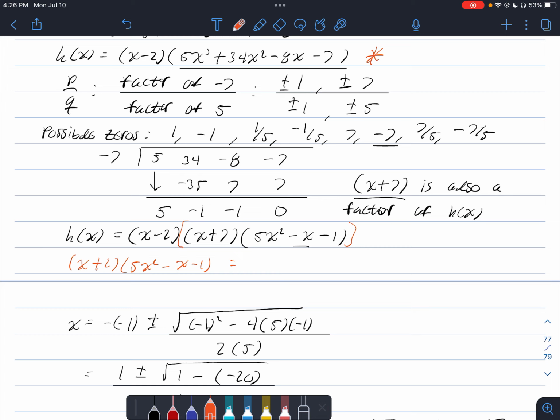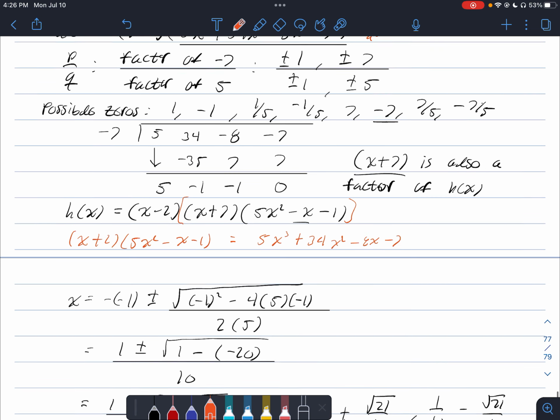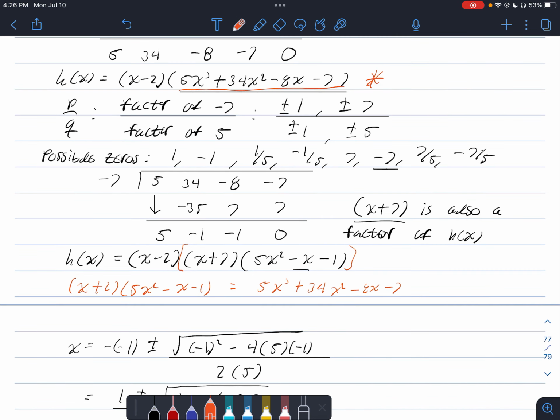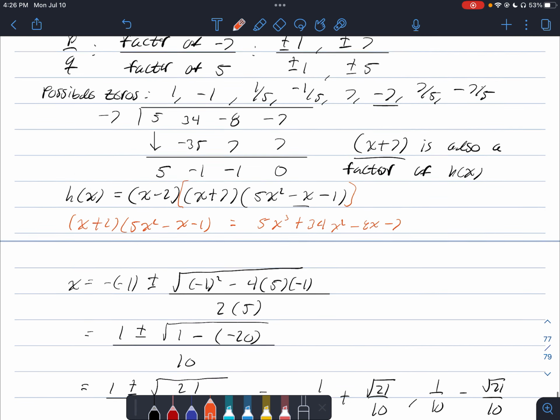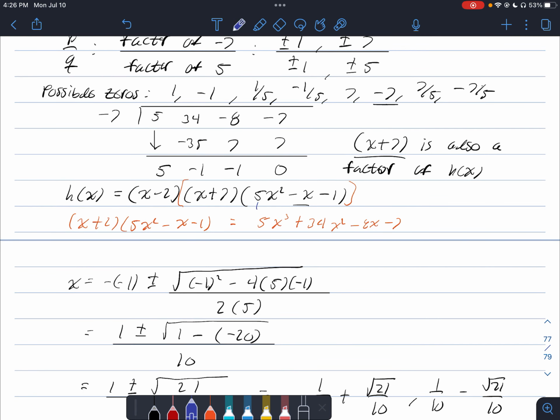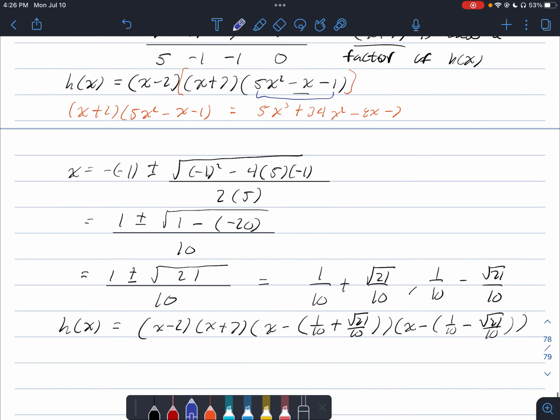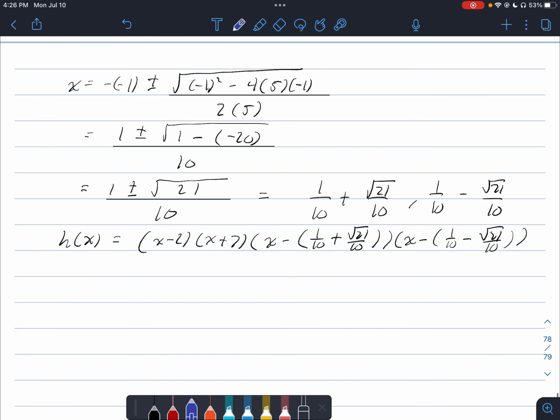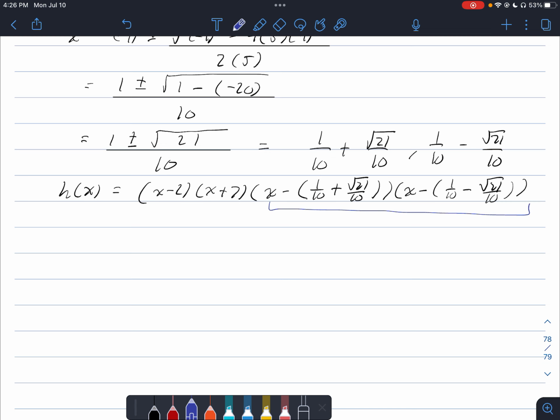Okay, so this is equal to 5x to the third plus 34x squared minus 8x minus 7. So really we just took this polynomial and broke it apart. And then we took this polynomial and broke it apart even further. So then we wrote it as x minus 2 times x plus 7 times all of this right here.